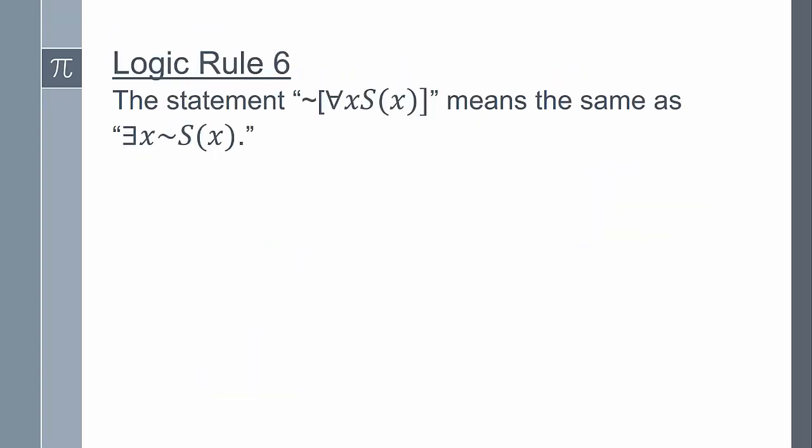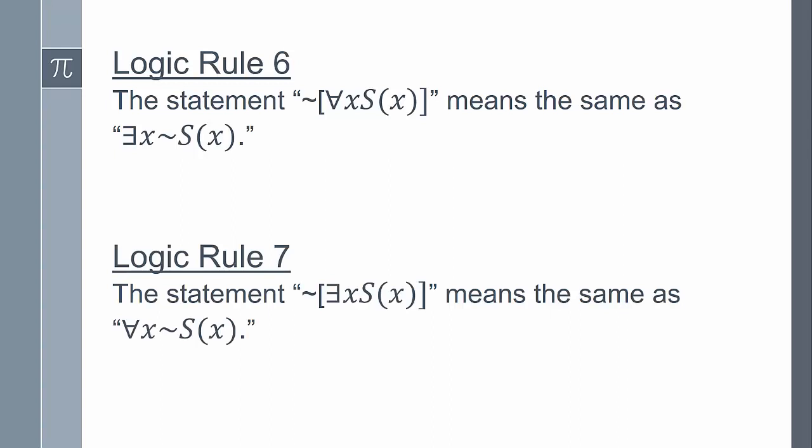This next rule, logic rule 6, tells us how to negate a statement that has a universal quantifier. If we're denying that a statement S of X holds for all X, that's the same as saying that for some X, statement S does not hold. So logic rule 6 says that the negation of for all X, S of X means the same as there exists an X such that not S of X is valid.